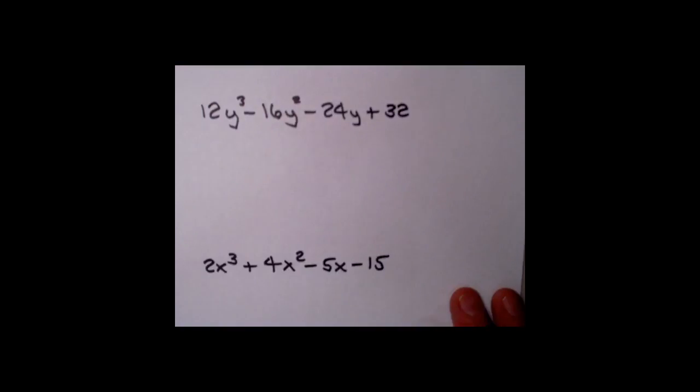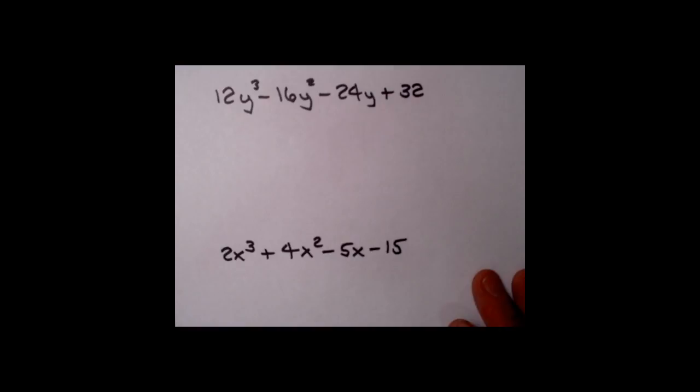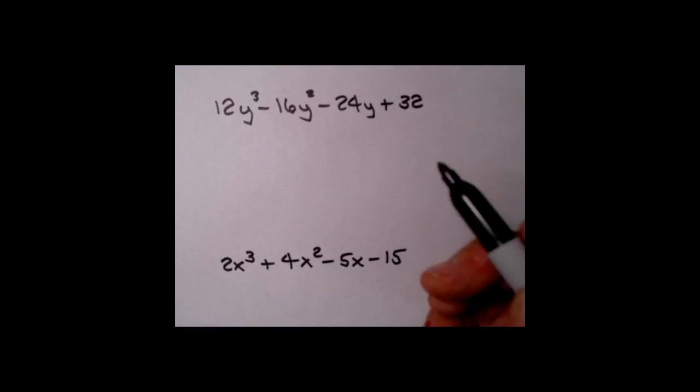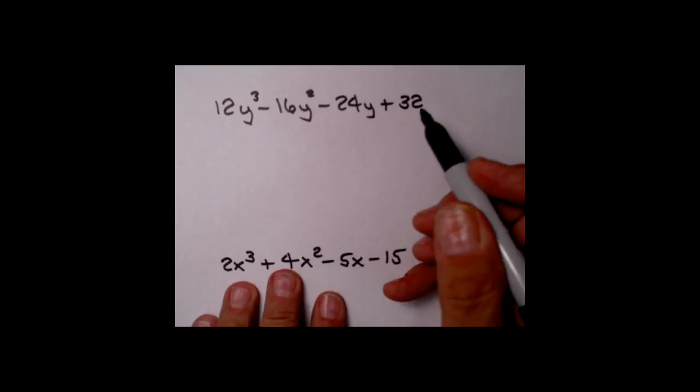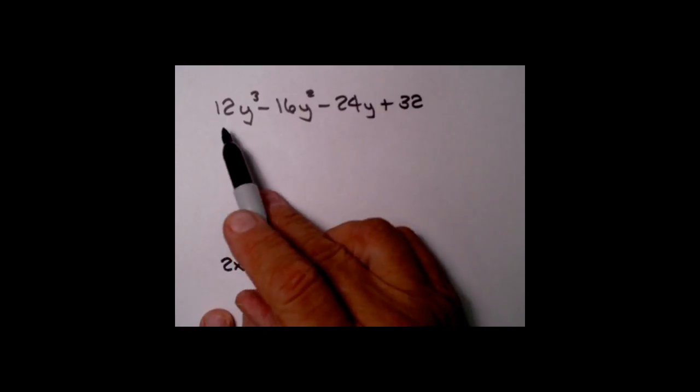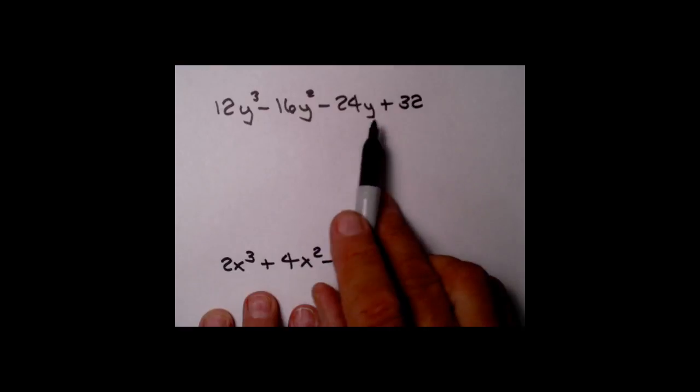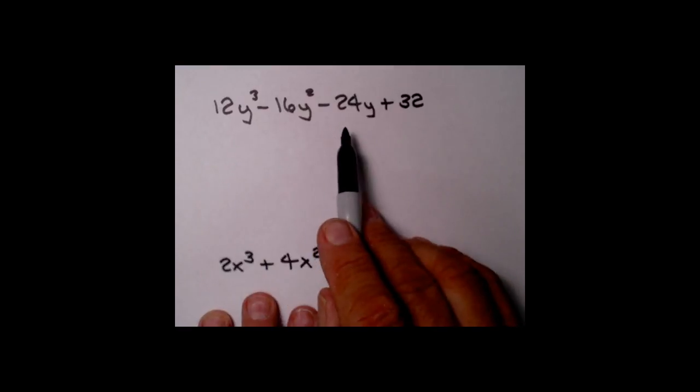Well, let's look at the last couple of examples here on this. Okay. Here we go. The first one up on top. Let's look for a GCF. Again, at least 2 will go into all of these. In fact, I think we can get 4 into all of them, can't we?